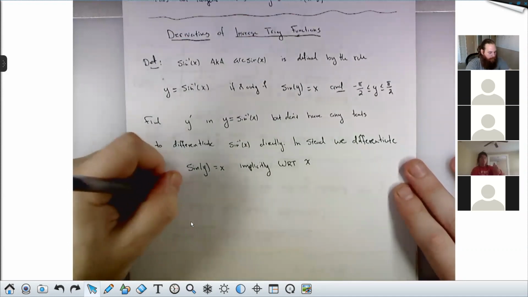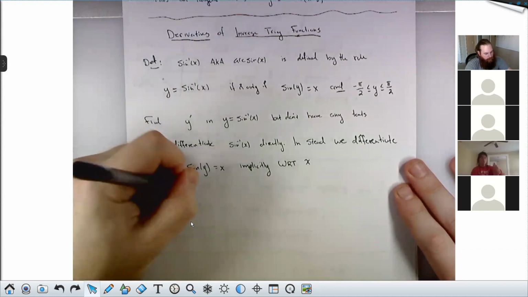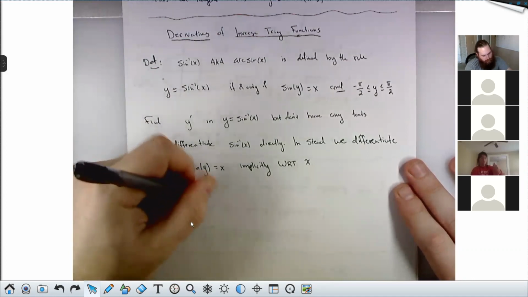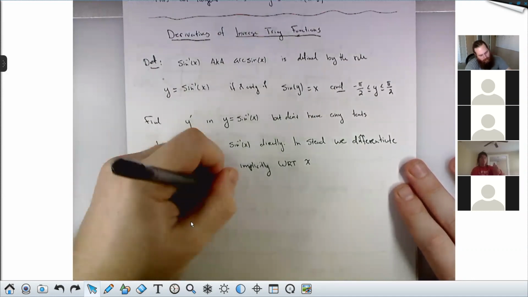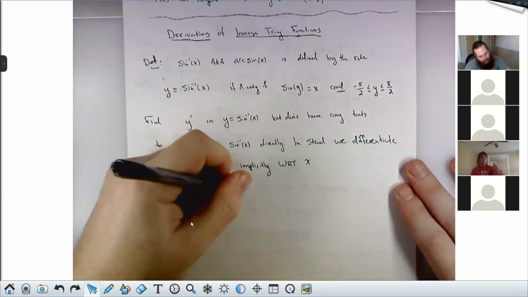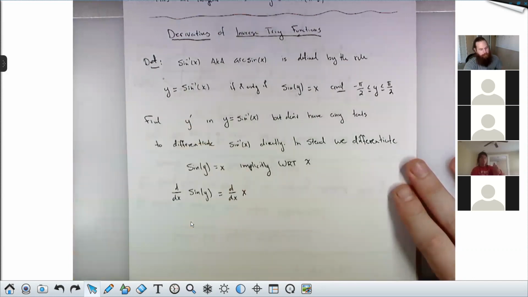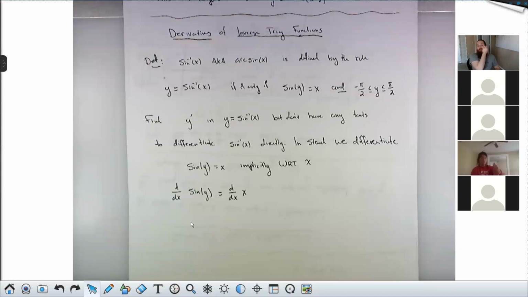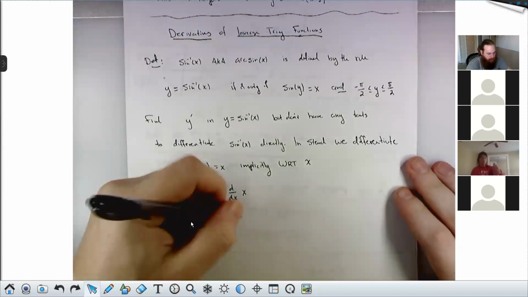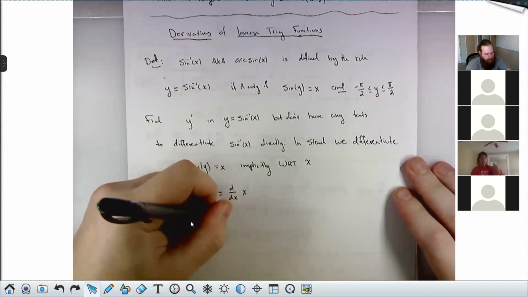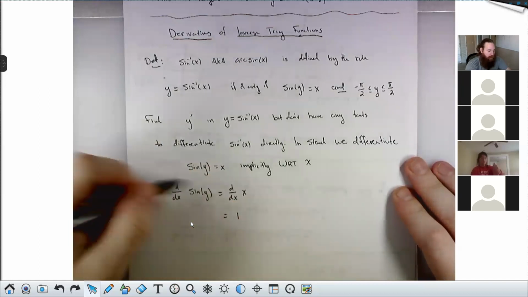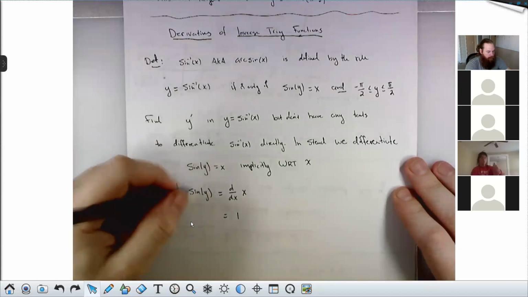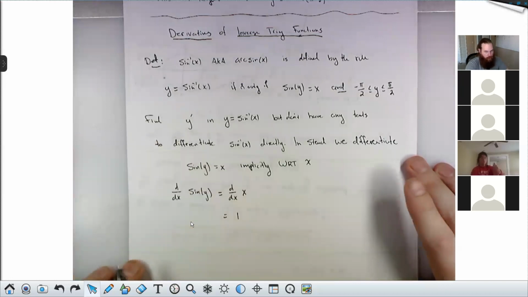So I apply d dx to both sides. d dx of x is just 1. d dx of sine y, this is a chain rule thing.